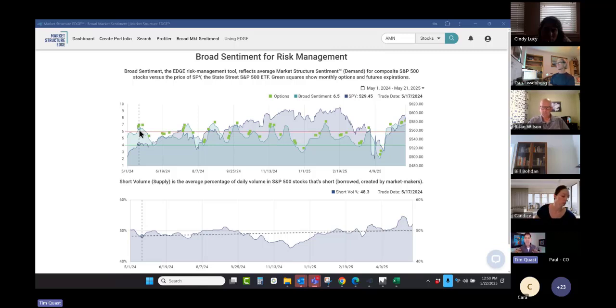Supply is a more volatile data set because so much of it comes from market making exemptions from having to locate shares to short. So you're going to see more fluctuation in it.